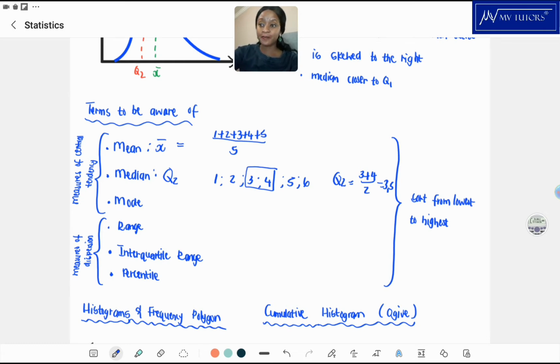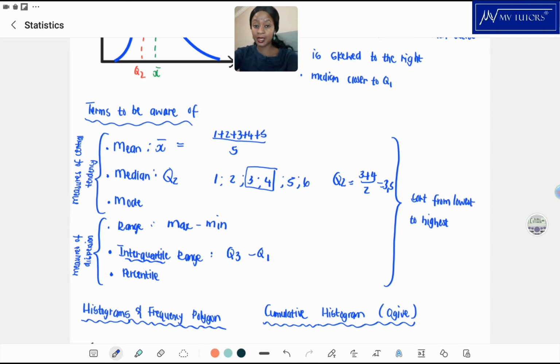Then your range. Basically, your range would be your maximum value minus your minimum value, and then you can see the range of your values. Then you have the interquartile range. Interquartile means that you would take your upper quartile and subtract your lower quartile.